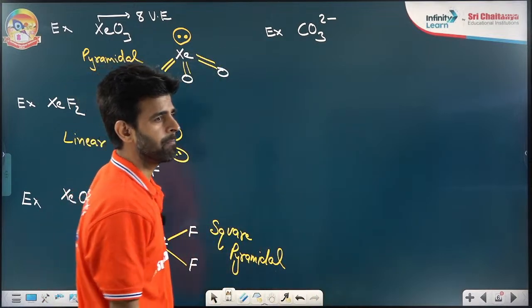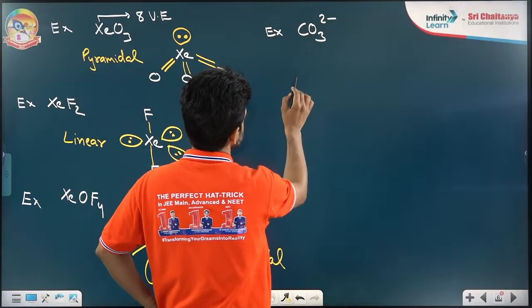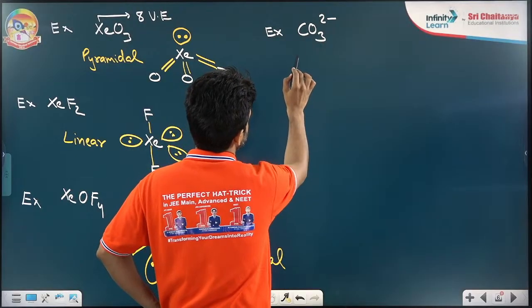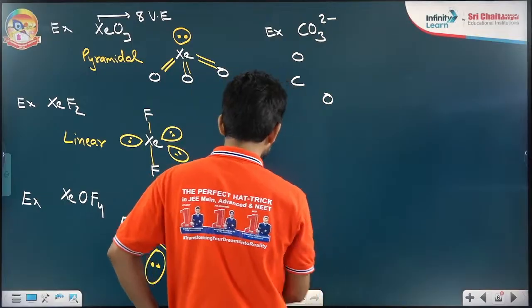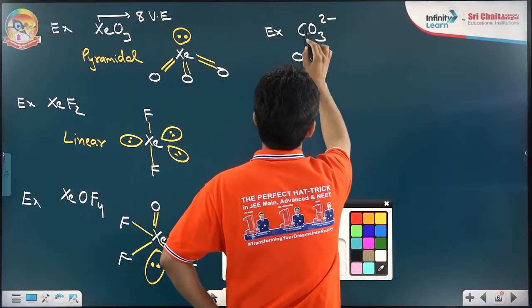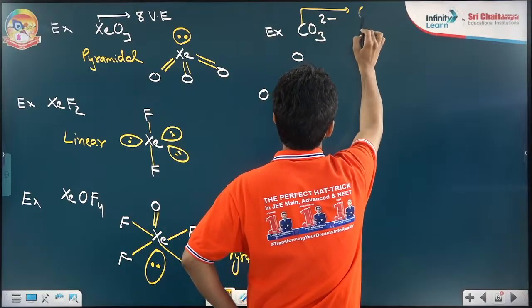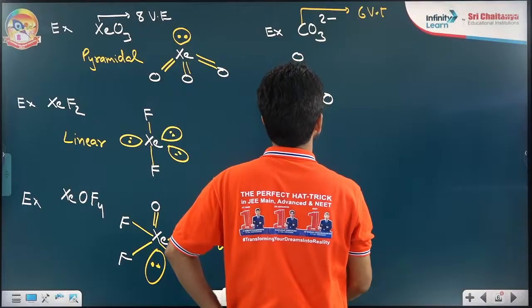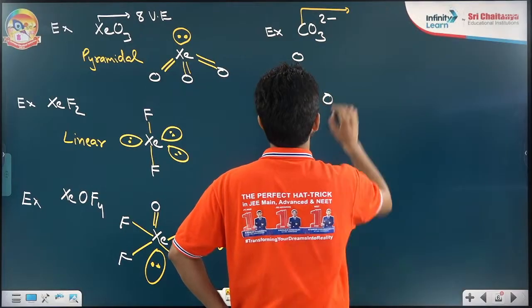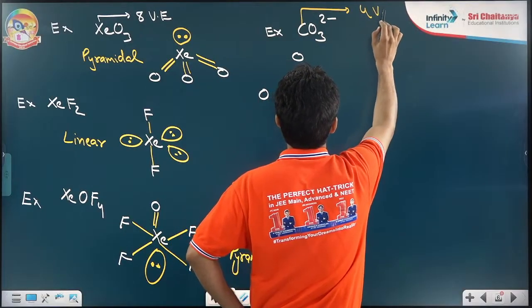Carbonate ion, right? Think about it. So we know that very well. I will write carbon here, I will write oxygen, and oxygen. Before starting this, just to tell you, carbon belongs to the 14th group. How many valence electrons does it have? Sorry, 4 valence electrons, right? Carbon has 4 valence electrons.